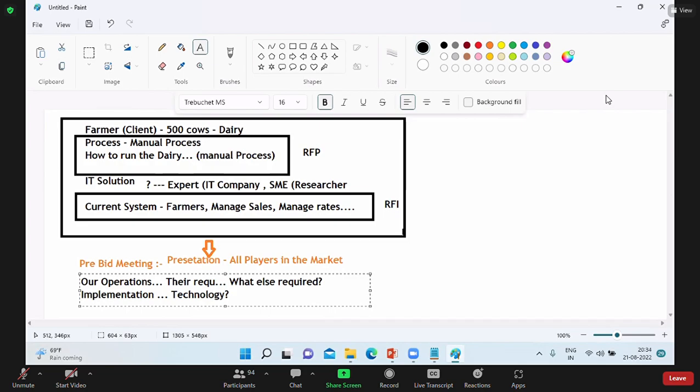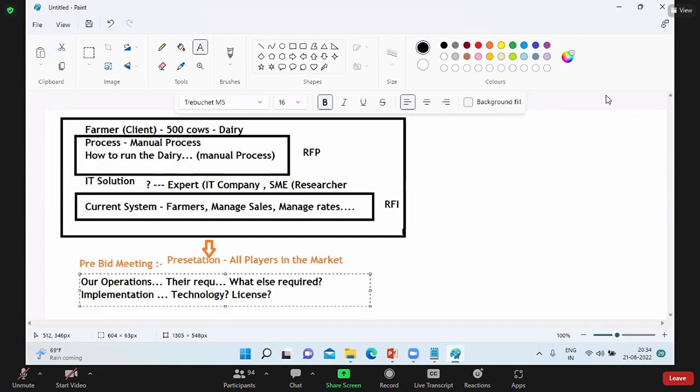Similarly, they may ask about the license. What is the license? Who is going to bear it? Either we should, or you're going to take care. If we do, the license cost will also be included, and we have the right to use it. If they want to have their own license, then we have to go as per them.